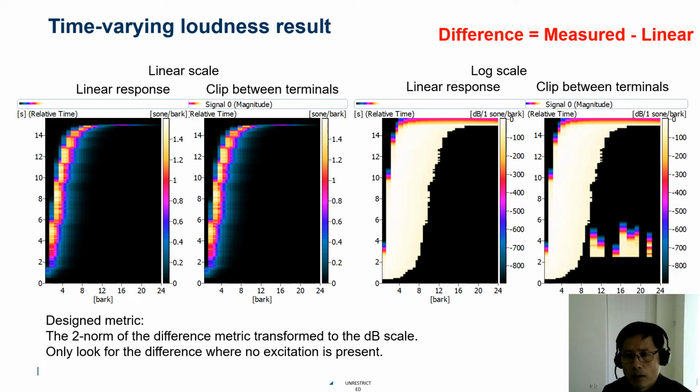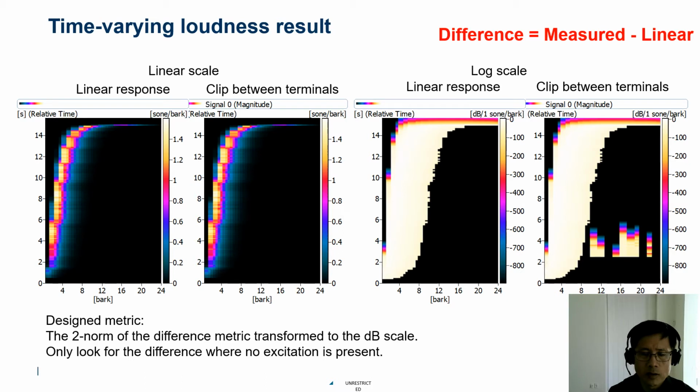Therefore, I have transformed the plots to logarithmic scale. What is clear to see is the BSR event around the 4 second mark. That is clearly audible as well as visible in the loudness spectrogram. Therefore, what we found is that it makes sense to use a logarithmic scale when making a metric to determine the BSR event.